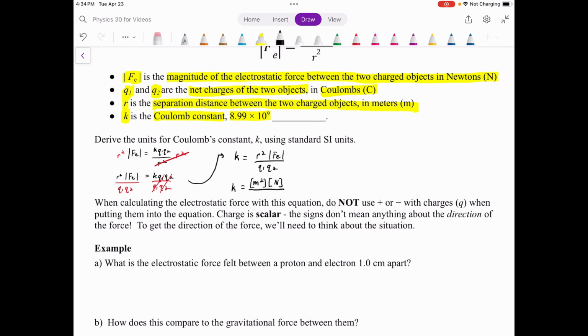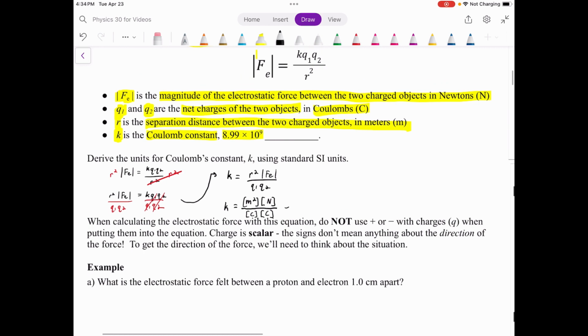Well, charges are measured in coulombs, so the denominator has units of coulombs times coulombs, or coulombs squared. So this gives us that the units of Coulomb's constant, K, are newtons times meters squared divided by Coulomb squared.